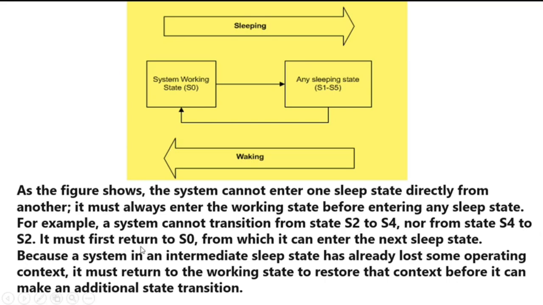It must first return to S0, the full working state, from which it can enter the next sleep state, because a system in an intermediate sleep state has already lost some operating context. It must return to the working state to restore the context before it can make an additional state transition.